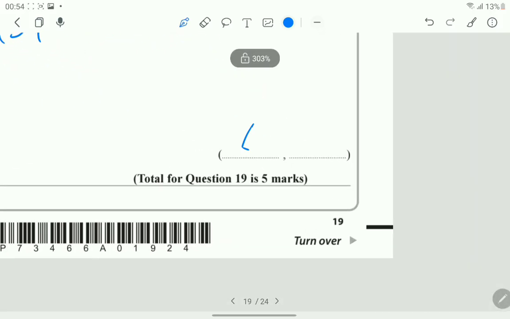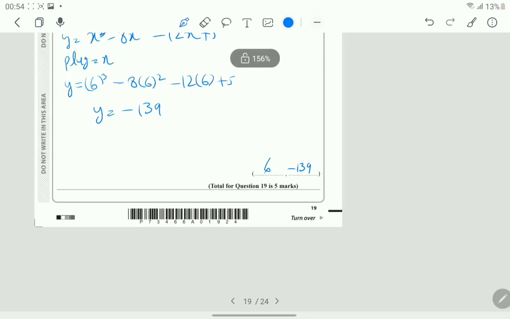So x coordinate 6, y coordinate minus 139.